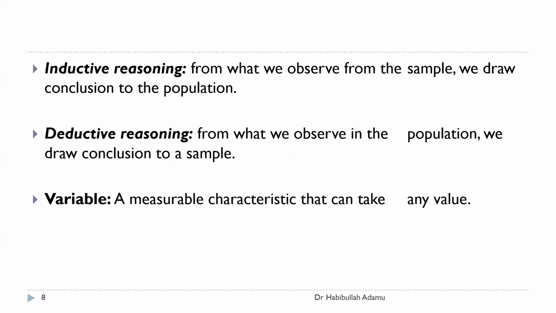So you pick a cross-section of students from a school, and then you draw a conclusion to the whole students in the school. That is inductive reasoning. There is also deductive reasoning, which is the opposite. You make your observation on the whole population, and then you draw a conclusion to a small sample.